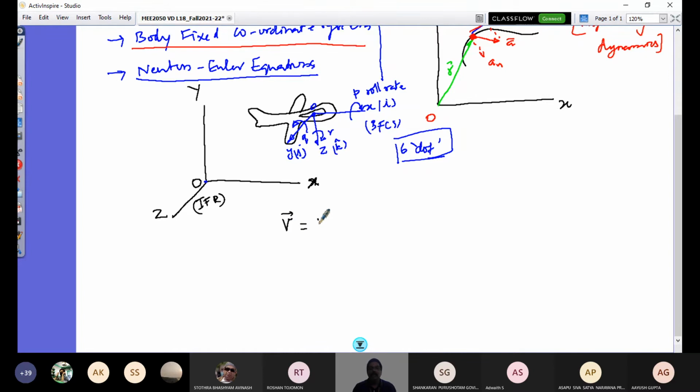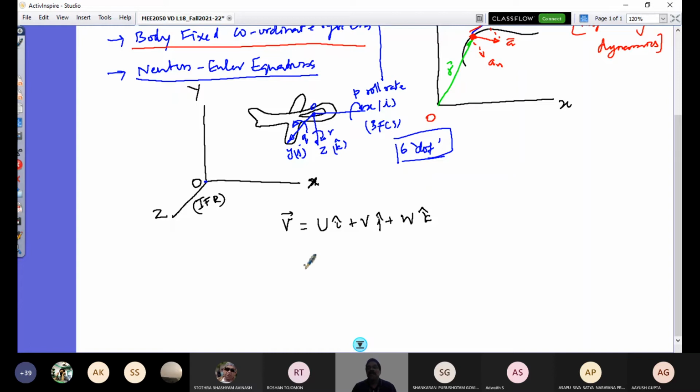The velocity vector has three components: ui plus vj plus wk. Here u is the forward velocity, v is the lateral velocity, and w is the velocity of ascent or descent, coming down, right? So those are the three components, and this composition is the velocity of your aircraft CG.